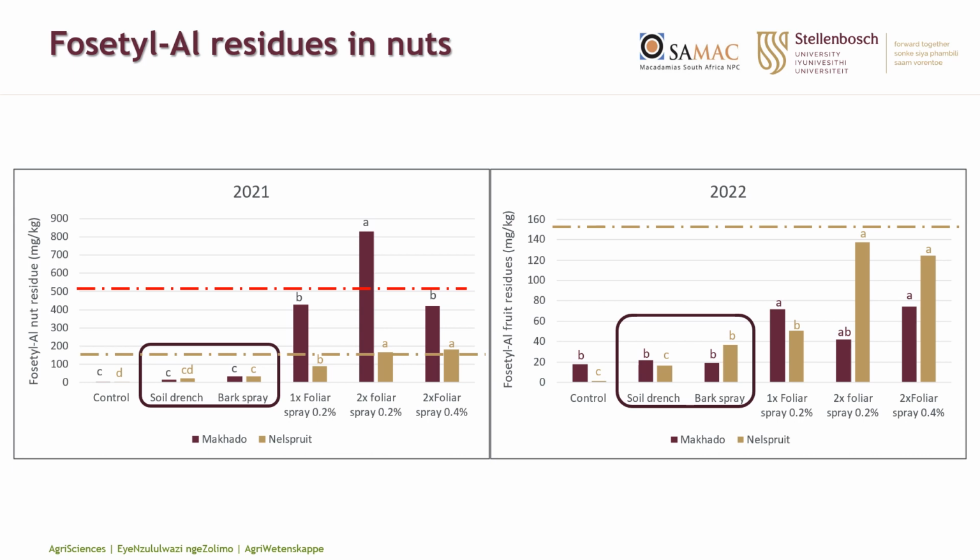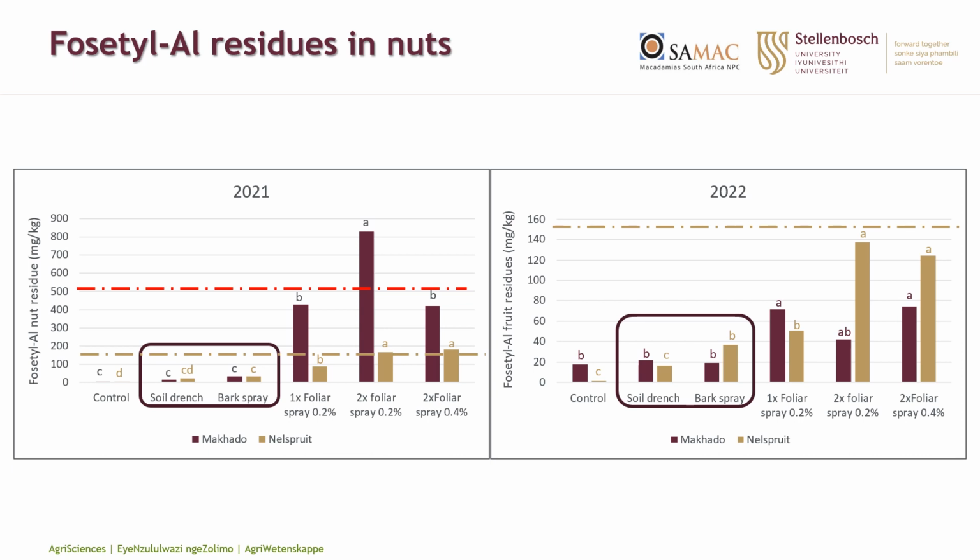The 2 graphs show the residues that we measured in the 2 trials in 2021 and 2022. For some unknown reason, in 2021 the residues were very high in the Macadamia trial for the foliar sprays, whereas in 2022 the residues in general were lower.